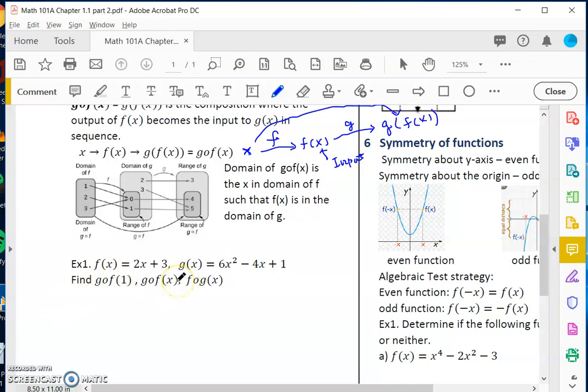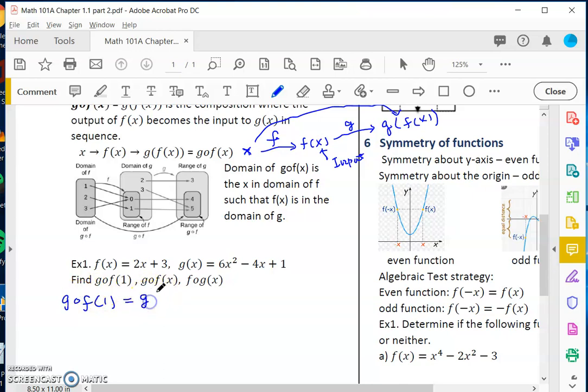Okay, so function composition. So for example, f of x is 2x plus 3, g of x is 6x squared minus 4x plus 1. We want to find GOF of 1. This just means that I start off with 1 and I use f to get an intermediate answer.